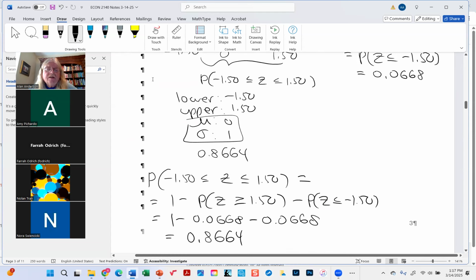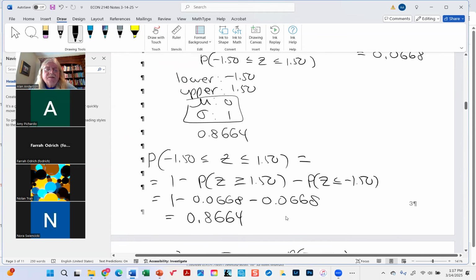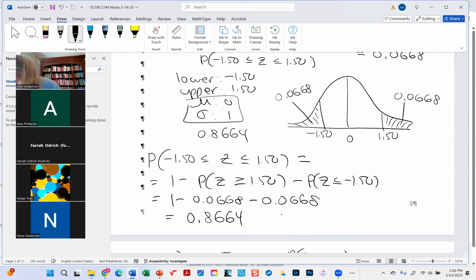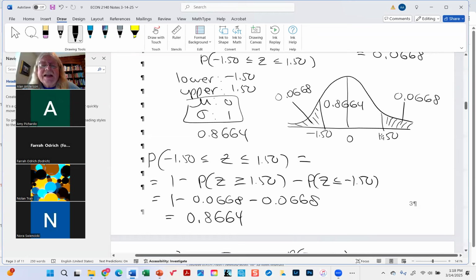And by doing that, we end up with the exact same number, 0.8664. And you can see that they do actually add up to 1. All right. So again, you've got two options for calculating this probability.